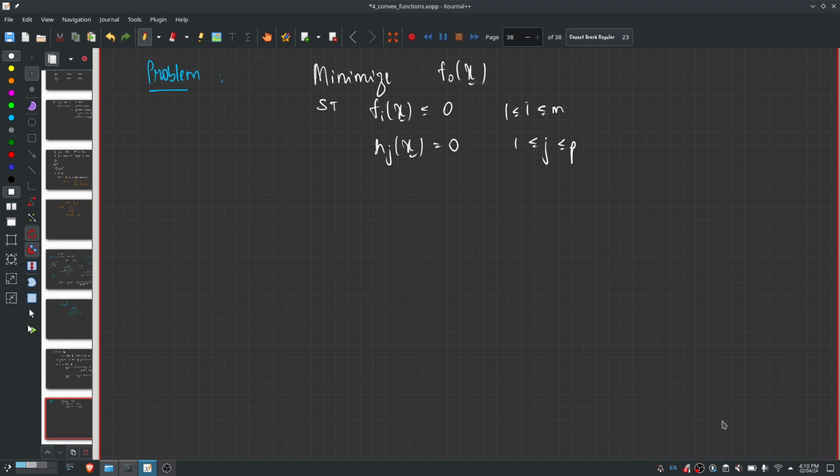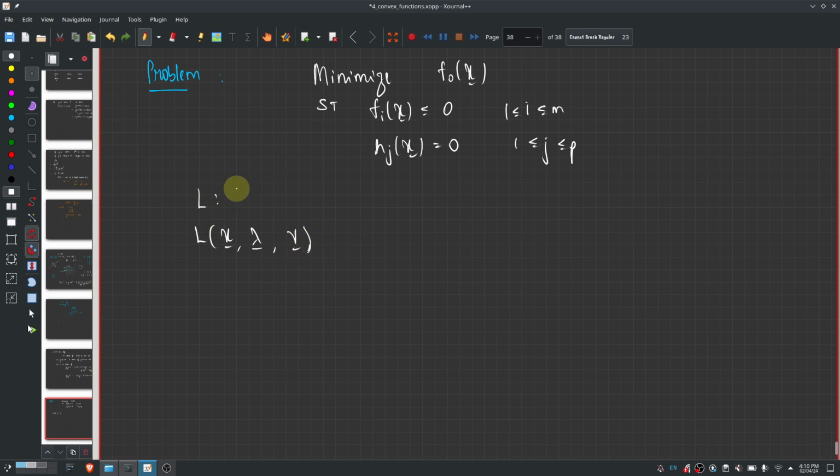In order to bring up the KKT conditions, we defined the so-called Lagrangian. So we introduced a new set of variables called the dual variables or the Lagrange multipliers. Essentially, you have one variable for each of these inequality and equality constraints. So if you have m inequality constraints and p equality constraints, then you have two sets of variables, lambda and nu, where lambda is a vector in R^m and nu is a vector in R^p.